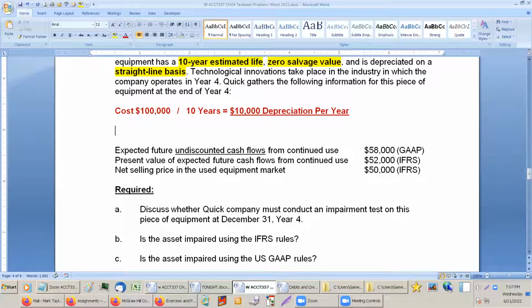So we would have on the books of equipment $100,000.